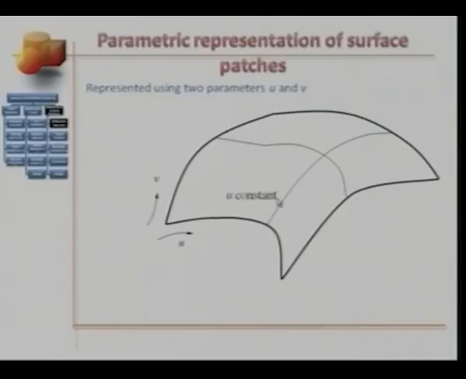So if we take a look at this curve, we can think of parameter u as being constant. Likewise, along this curve, parameter v is constant. This point here is an intersection between these two segments, and it's represented as r of u sub 0, v sub 0.